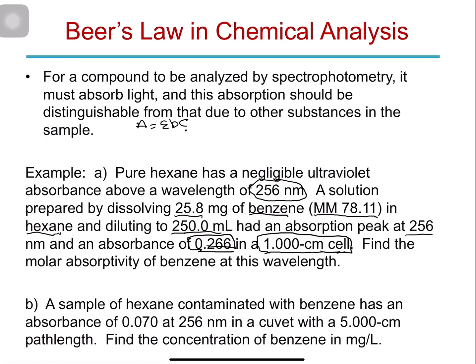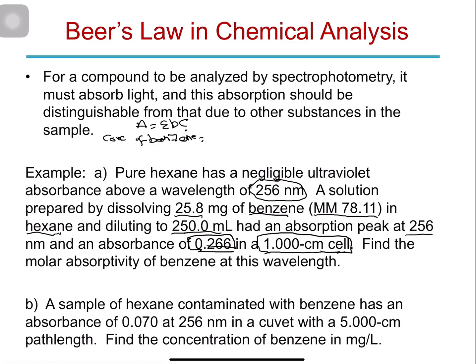We know that we dissolved 25.8 milligram of benzene in 250 ml solution. So first we need to calculate the concentration of benzene, and we are talking about the molar concentration.